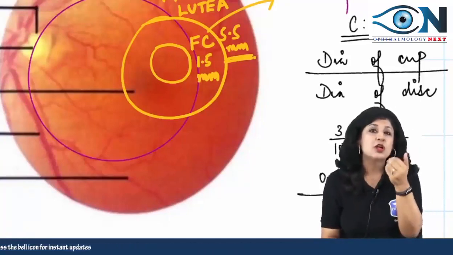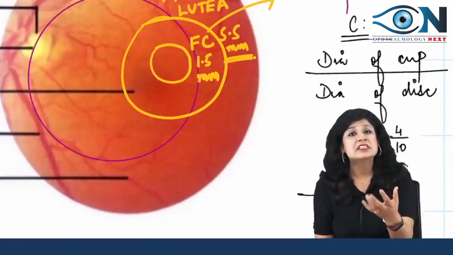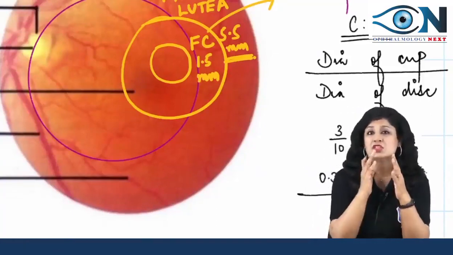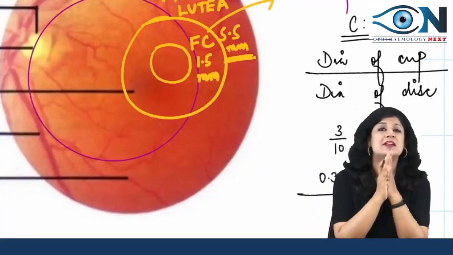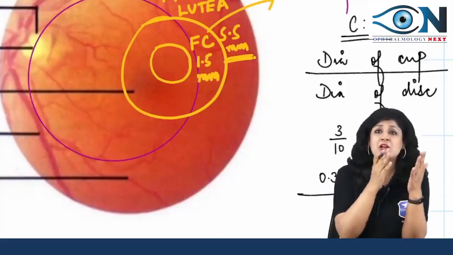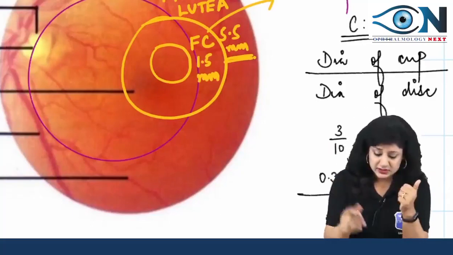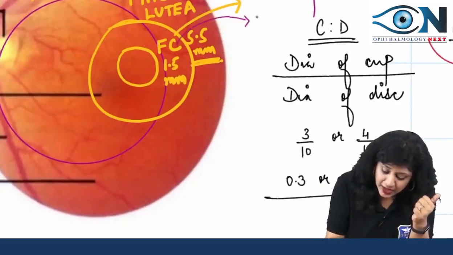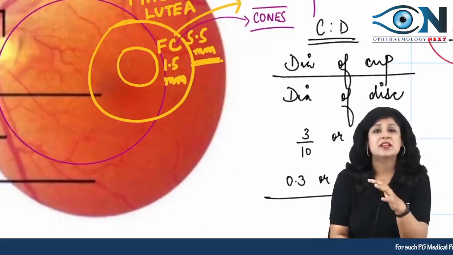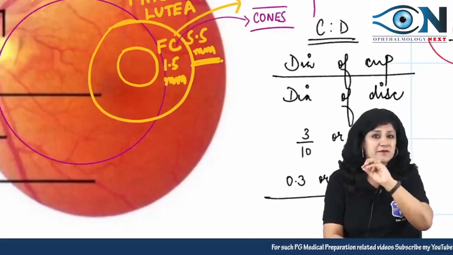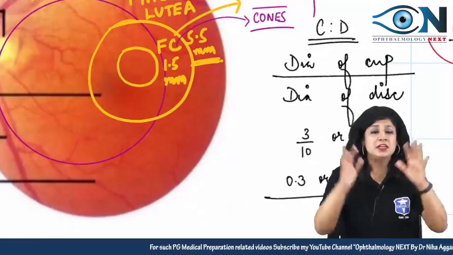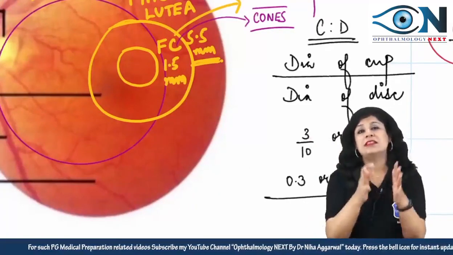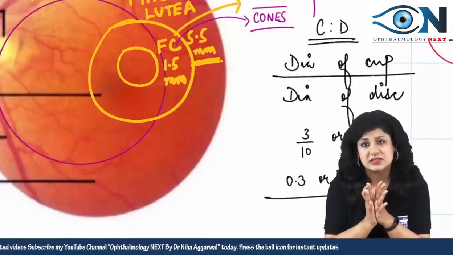So, whenever I talk about the most sensitive part of the retina where you get the sharpest image of the object, that is actually your fovea centralis, and obviously we have a reason for this. Why? Because this is one area, fovea centralis, where you have relatively more cones. Means you can say there are no rods there, relatively very less rods are there. It is densely packed with cones, and that is the reason why we get the sharpest image here.